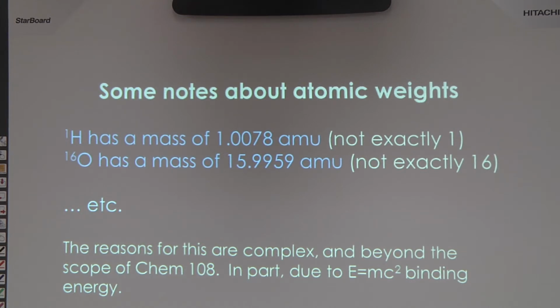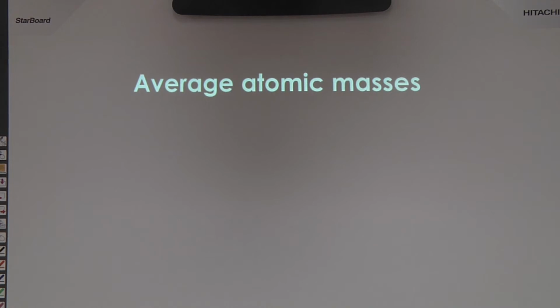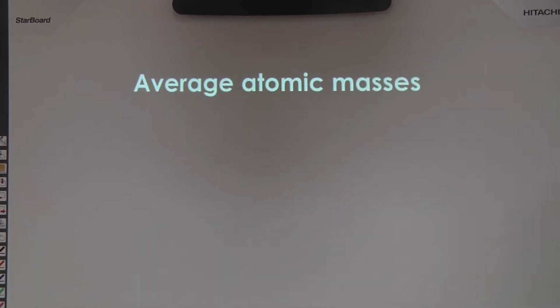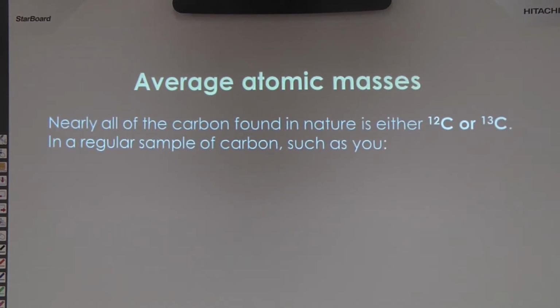But as we know, nearly all the elements in nature are comprised of more than one isotope. And so when we think about how much an atom of whatever element we like, hydrogen, oxygen, carbon, weighs, we need to consider isotopes. And when we consider the different isotopes, now we're going to start looking at what we call average atomic masses. And this is what it means.